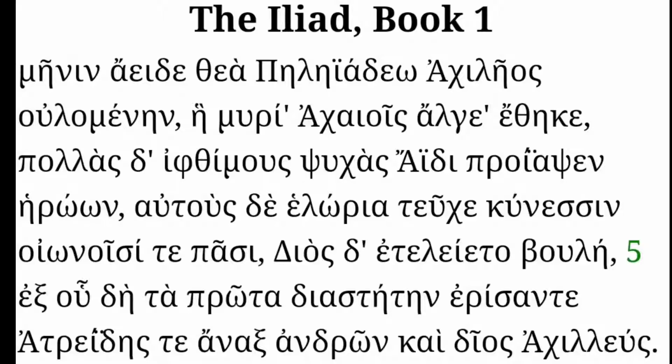The meter, the scansion, as well as the freedom of word order applies to Homer as much as it does to Virgil. So pay attention to that aspect of that video as well. Then come back and let's get right into translating the beginning of the Iliad, first 16 lines.